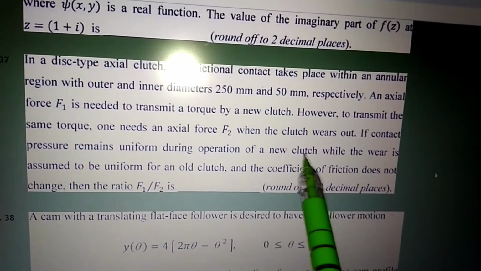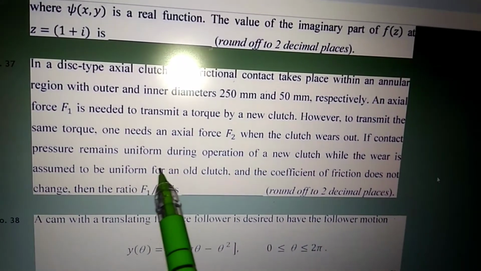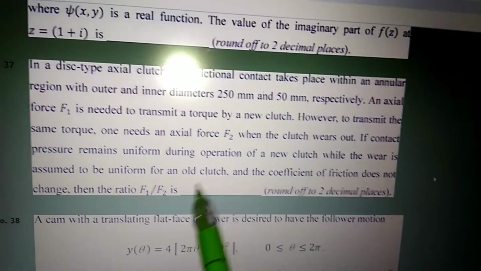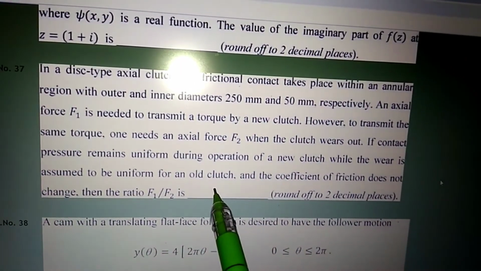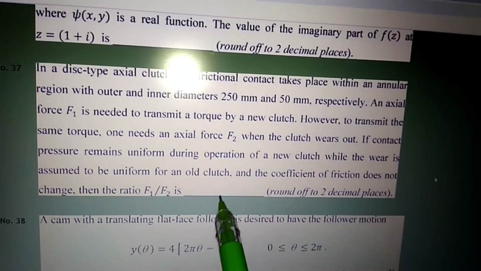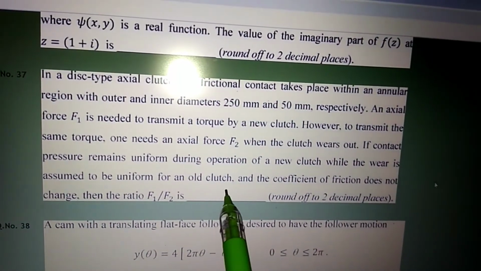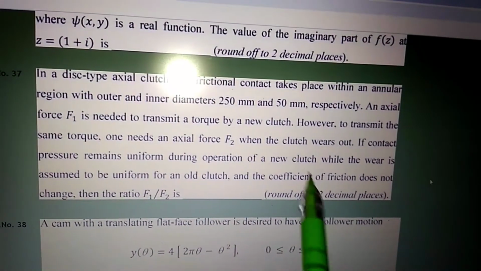If contact pressure remains uniform during operation of a new clutch, while the wear is assumed to be uniform for an old clutch, and the coefficient of friction does not change, then the ratio F1 to F2 is?